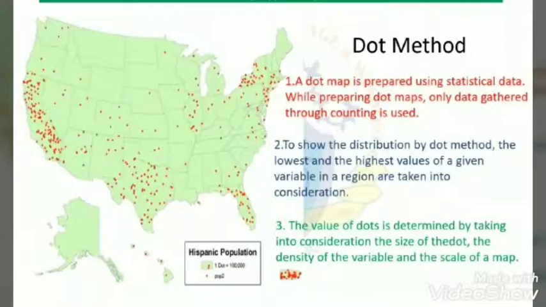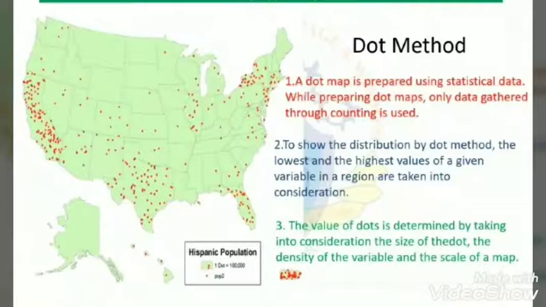The dots are used to show distribution on the map. For example, population of a region. So, to show the distribution by dot method, the lowest and the highest value of a given variable in a region are taken into consideration.